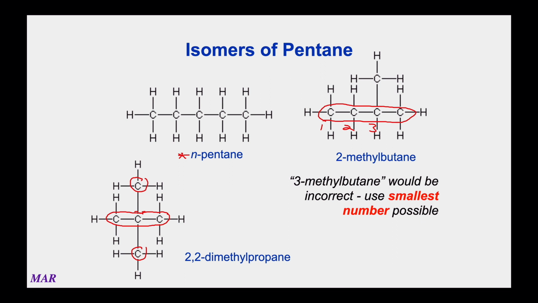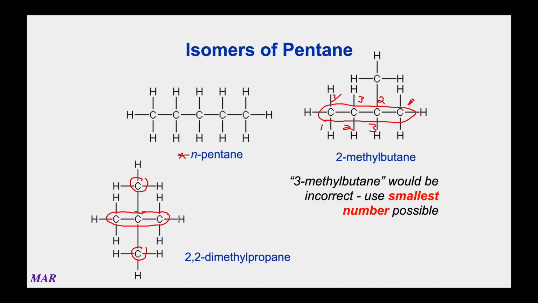So it might be tempting to write it as 3-methylbutane. However, if you start and count right to left, this would be 1, this carbon would be 2, 3, 4. So we have a choice here as an organic chemist to call this 3-methylbutane or 2-methylbutane.